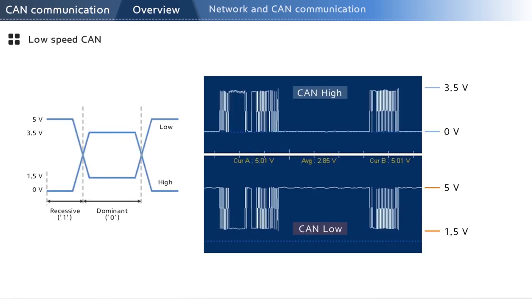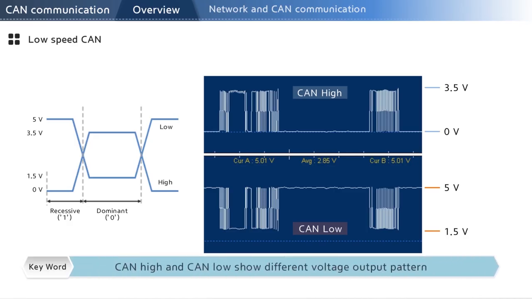Let's take a closer look at low-speed CAN. The output signals are similar to high-speed CAN we just learned about in terms of digital signal characteristics, except the voltage signal level. Low-speed CAN consists of a high line with voltage going up from 0 to 3.5 volt and a low line going down from 5 to 1.5 volt.